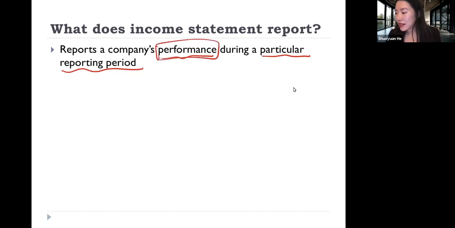And then the second key word is it is the performance during a particular reporting period. So in other words, different from the balance sheet, which reports a firm's position at a specific point in time, income statement is a flow statement. So it reports the firm's performance during a period of time.